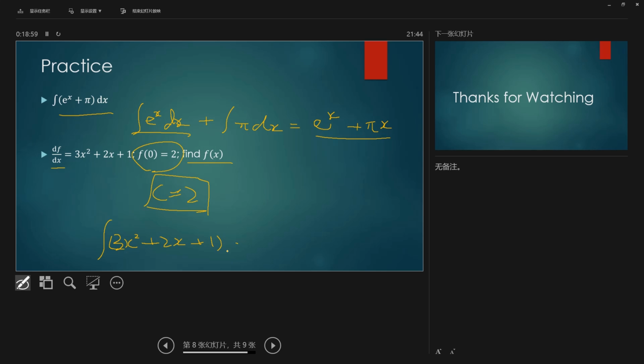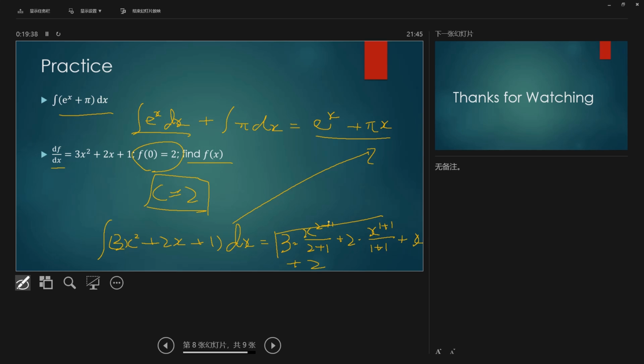Don't forget the constant here. It equals 3 times x^(2+1) over 2+1, plus 2 times x^(1+1) over 1+1, plus 1 here, just the same thing, x, and also plus 2.